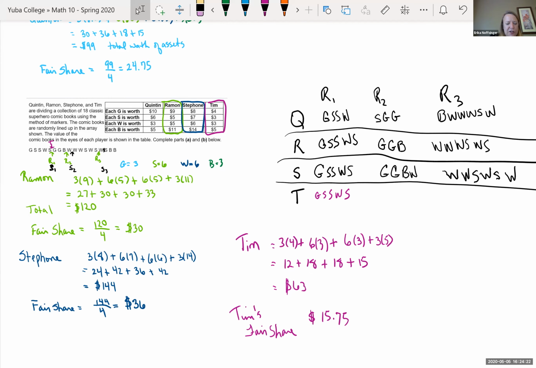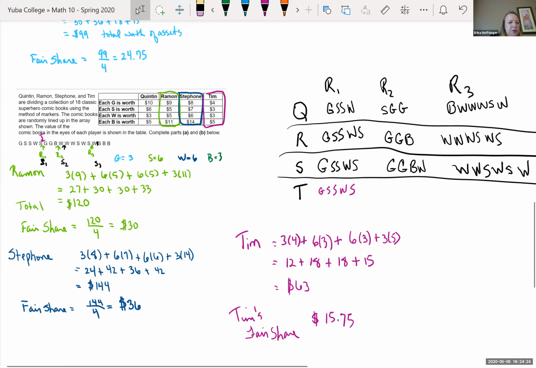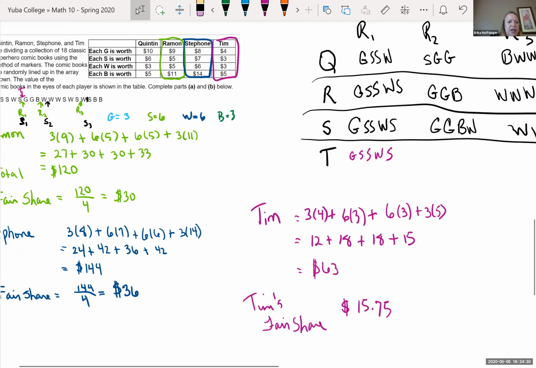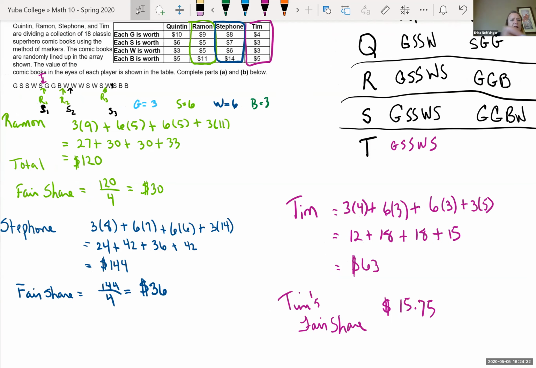So let's look at R sub 2 for Tim. We are starting with G. G is $4. So we got 4 plus 4, that's $8. Plus B, which is $5, that's $13.